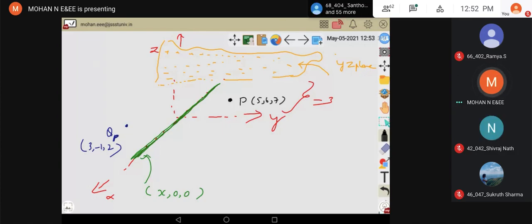So this is your point P. So I just have to find out the potential due to the point charge at P, potential due to the line charge at P, potential due to the surface charge at P. Add all those things, you will be getting the solution. Okay. So if this illustration is okay for you, please type 0 on the chat box quickly.